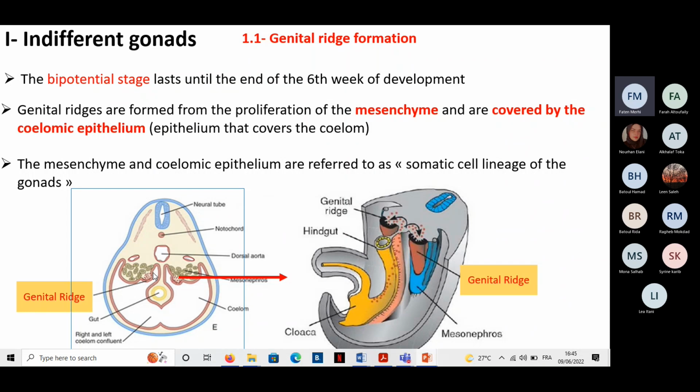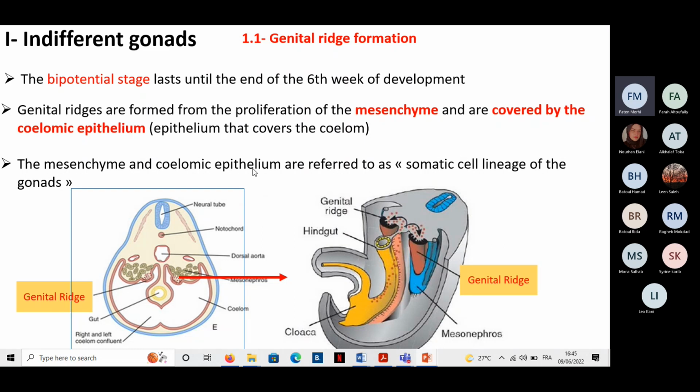That's why at this stage, both the mesenchyme and the coelomic epithelium, their cells are somatic cells.